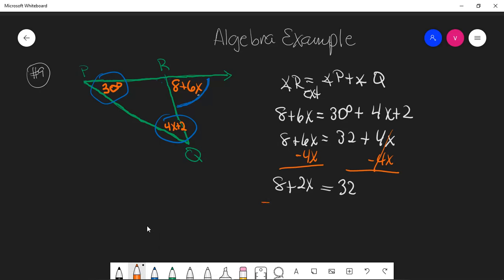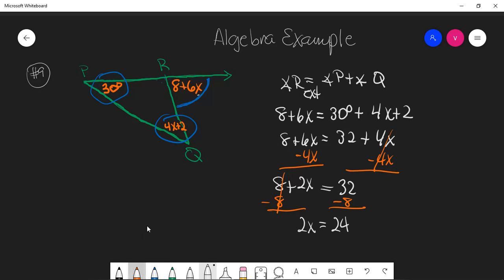Now we need to get the numbers on the other side, so the 8 cancels out. So you have 2x equals 32 minus 8. That would be 24, right? Is that right? I think so.